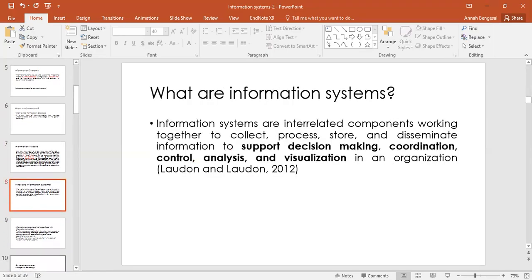So now what are information systems? Information systems are the interrelated components which work together to collect, process, store, and disseminate information to support decision-making within an organization, coordination and control of the business functions, as well as analysis and visualization.